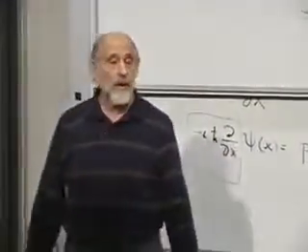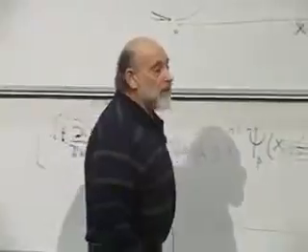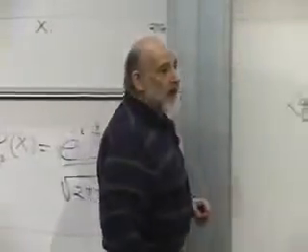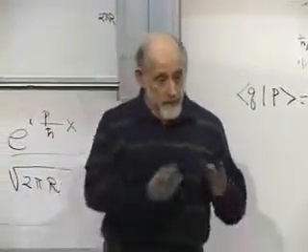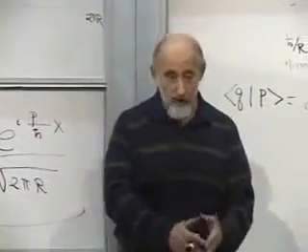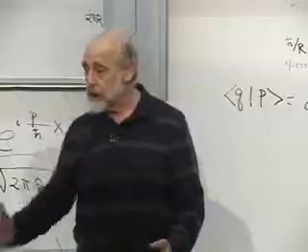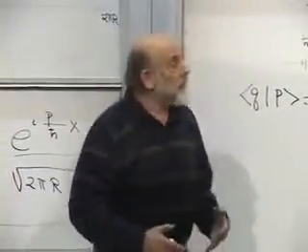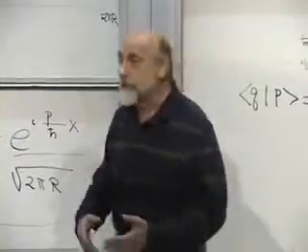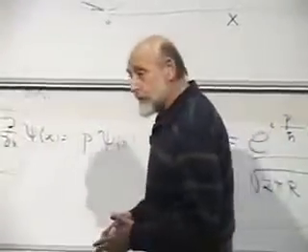Specifying the position of a particle means choosing an eigenvector of its position operator. The eigenvectors of the position operator correspond to the states in which the particle has a very, very definite position. The eigenvectors of the momentum operator correspond to the states where the particle has a definite momentum.